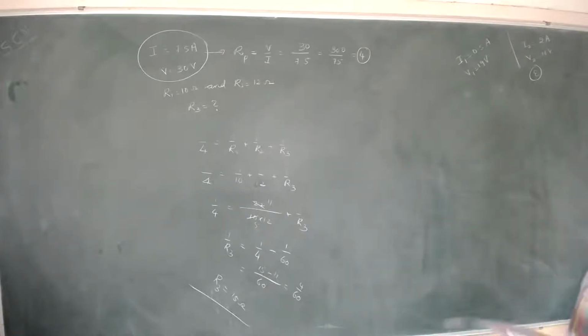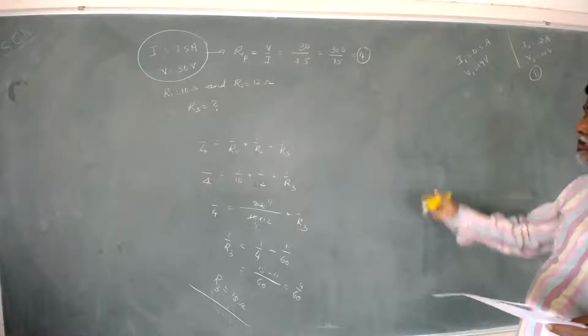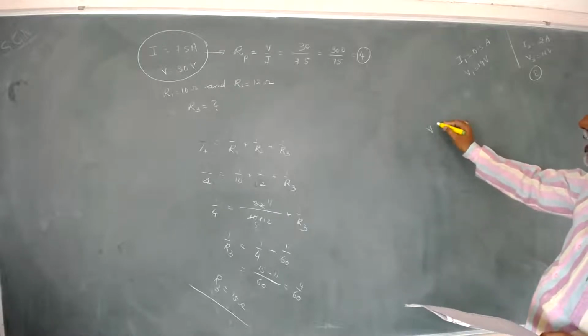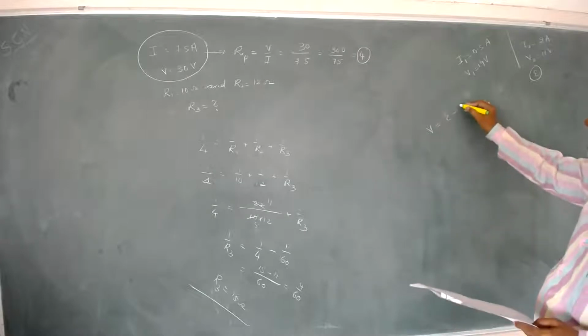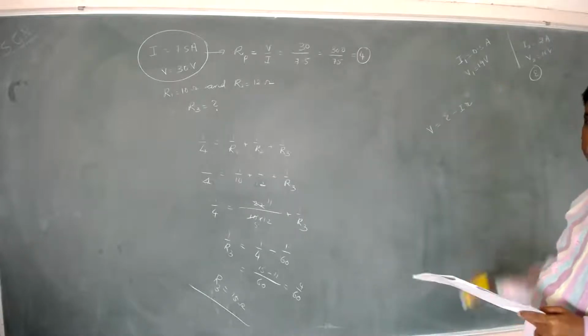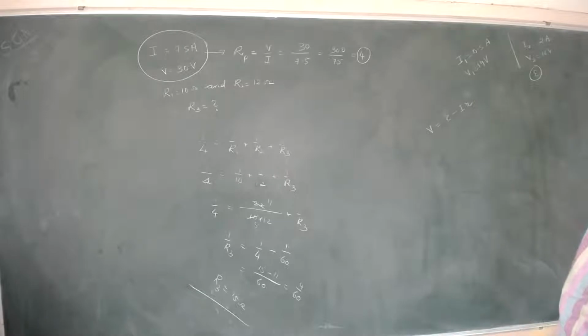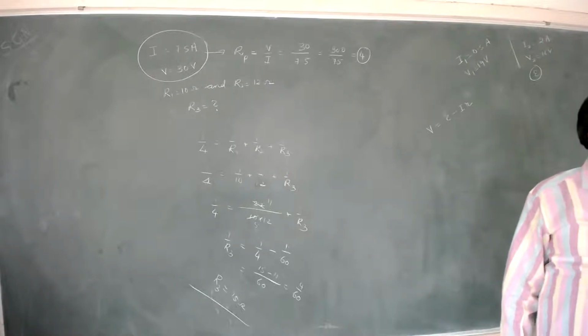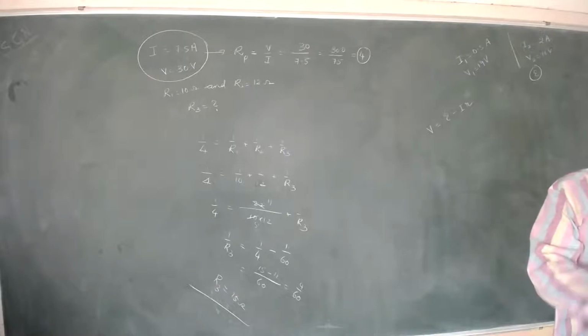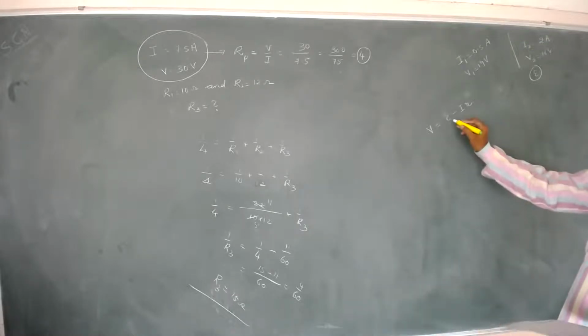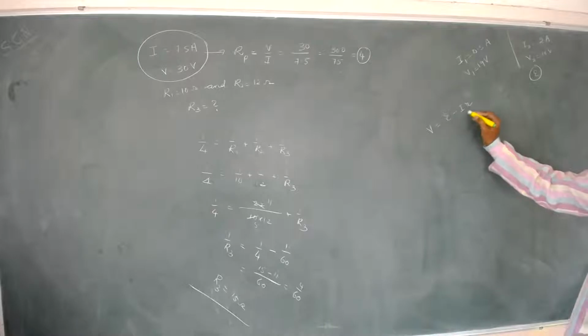What is the formula? Terminal voltage V is equal to electromotive force minus current into internal resistance. Understood? In these two cases it is the same cell, same battery, so same electromotive force and same internal resistance.